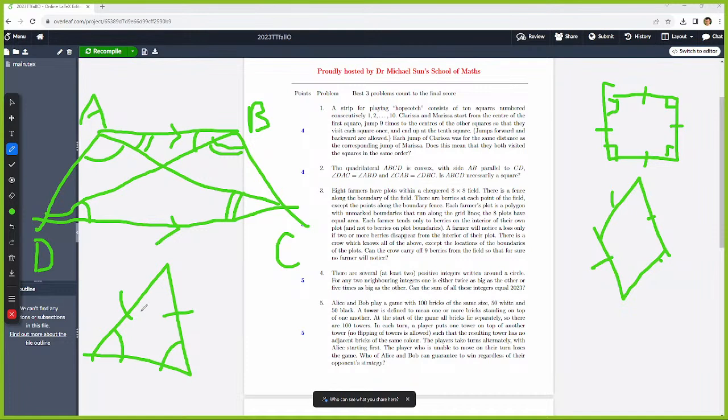So an isosceles trapezium is like this. These angles are equal and these sides are equal. And actually these angles are also equal.